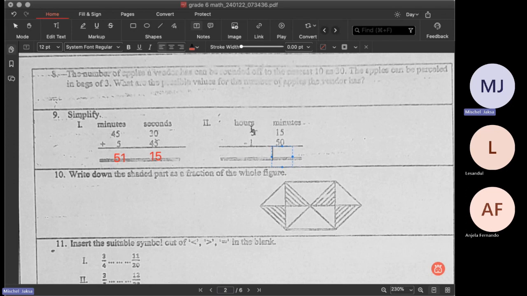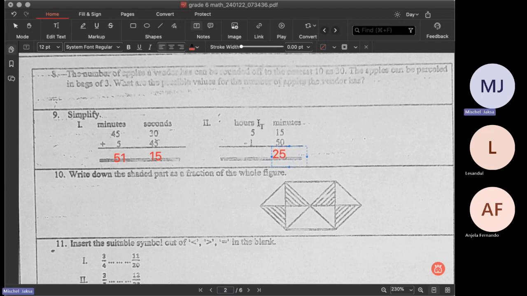We have to take 1 from the hours column. So hours will become 4, and when we take 1 hour here, it will become 60 minutes. So 60 minutes plus 15 minutes, we get 75 minutes. 75 minutes minus 50, we get 25.